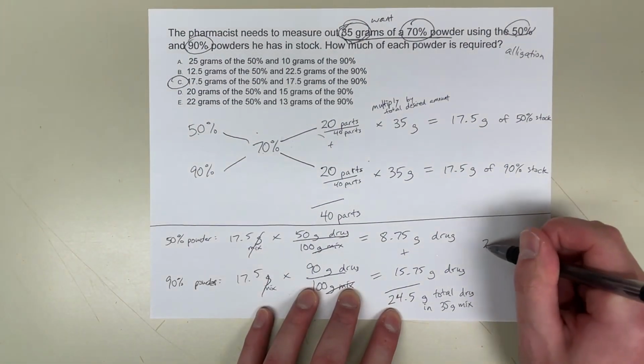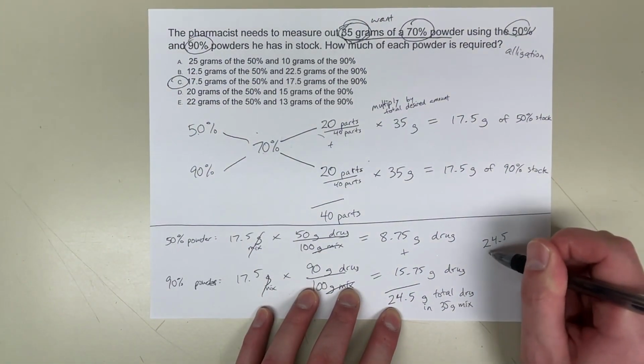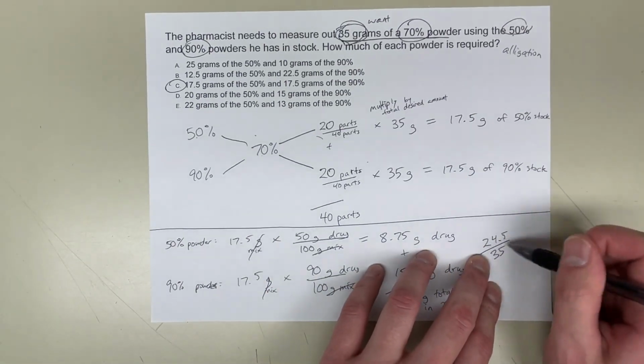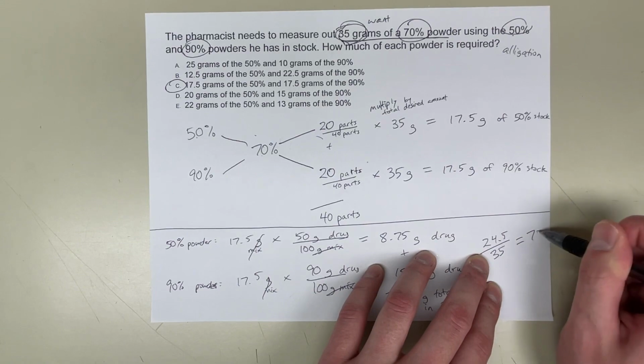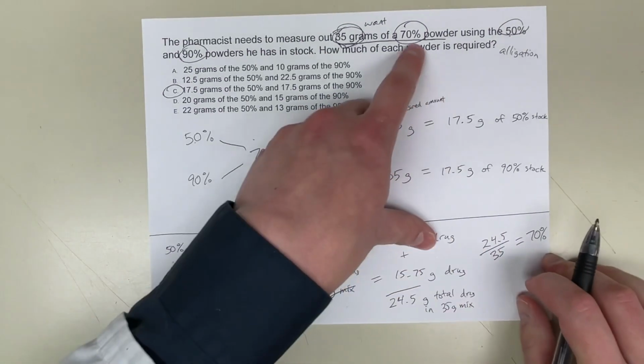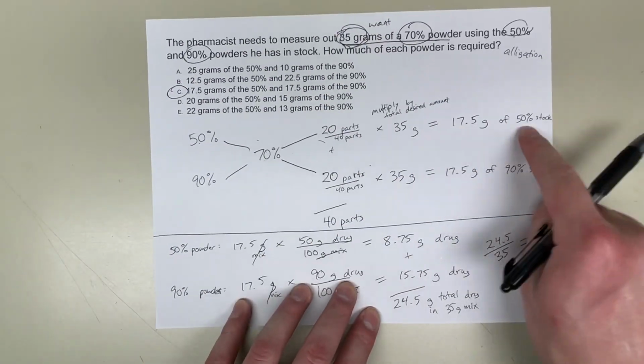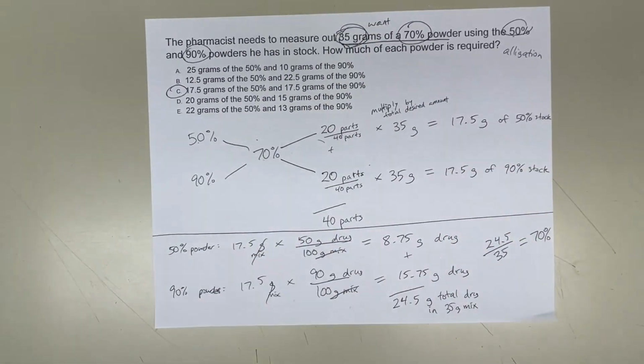So I'm going to take my 24.5 grams over 35 grams to find the percentage. And then when you do the math for this, that equals 70%, right? Because that's our desired percentage, 70% powder. So that's how I know for sure this is correct. And then you could just move on to the next question because you know you did it right.